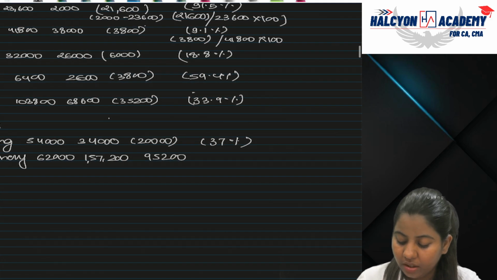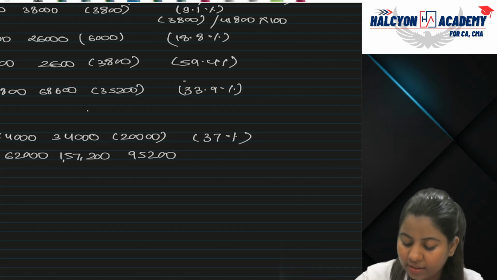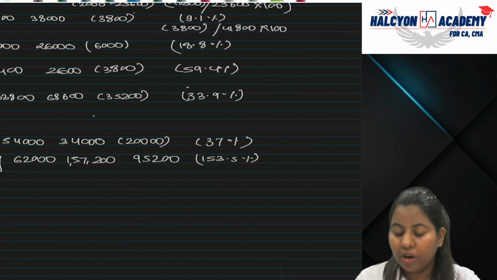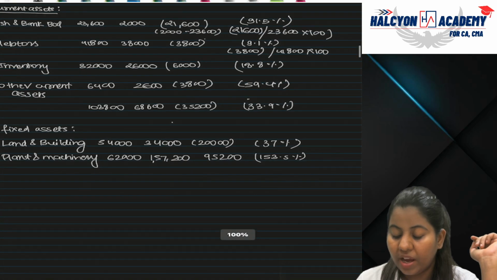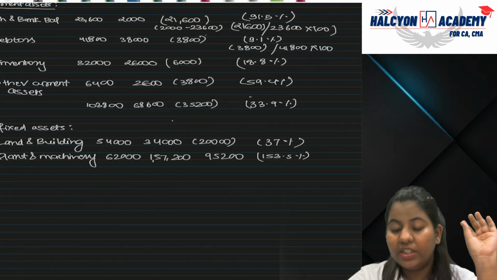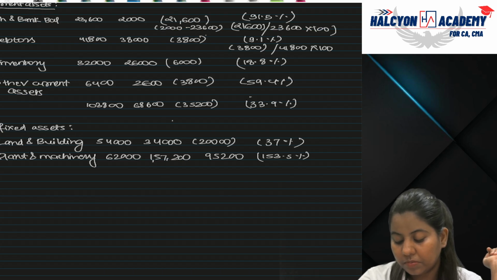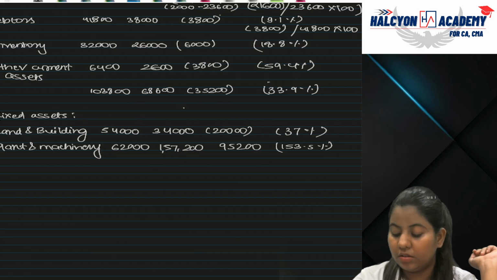The answer will be positive because the change is positive. It is increasing. The answer will be 153.5%. The plant and machinery is increased by 153.5%. That is more than 100%.